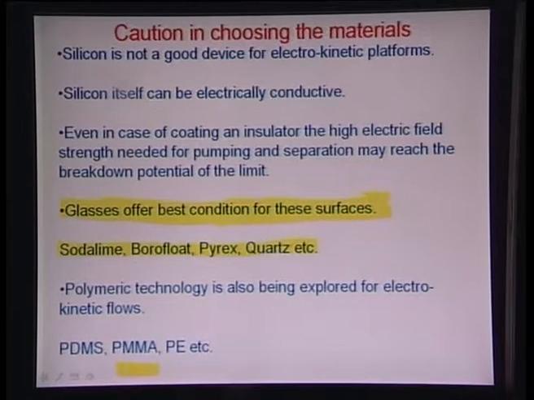It has a very different band gap structure than what insulators have to offer. And some of the glasses which are commonly used: soda lime, borofloat, pyrex. Quartz is a very clean form of glassy material. Essentially, it has a very clean absorption spectrum, one of the purest forms of glasses available, and it is very good for optical detection as well.